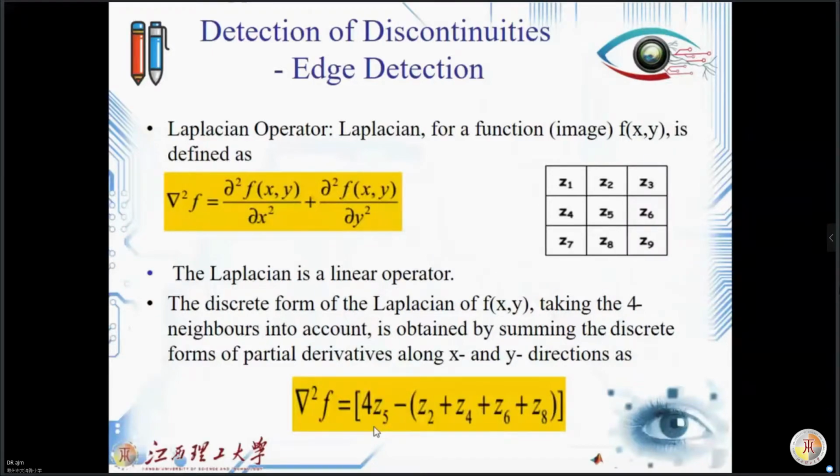You should know that this operator is a linear operator, and the discrete form of the Laplacian of f of x and y, taking the 4 neighbors into account, is obtained by assuming the discrete form of the partial derivatives along the x and y directions, as we can show here. Now think of the mask, or the matrix, of 3 by 3 as we show here. Then the Laplacian, or change of f, can be based on the formula that we show here.